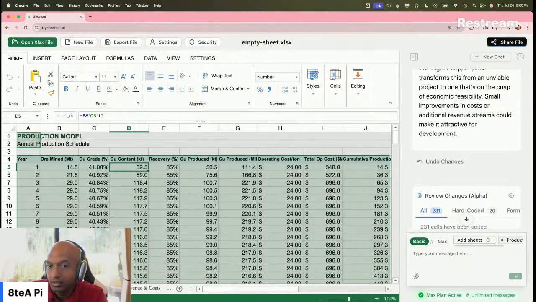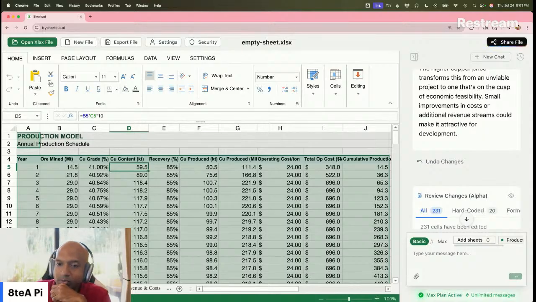And 59.5, and then it decided to multiply that by 10 to get the kilotons. This is millions of tons.